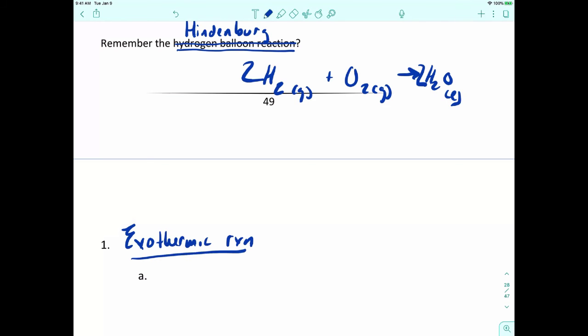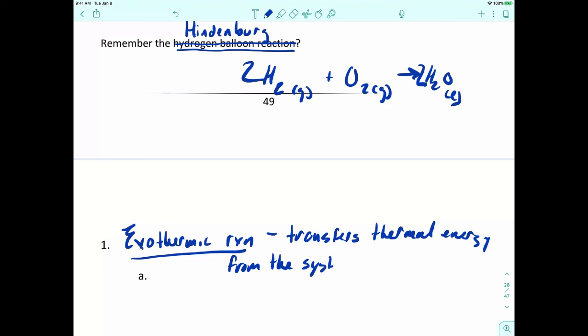So an exothermic reaction transfers thermal energy from the system to the surroundings. From the system to the surroundings. In other words, it's releasing energy.